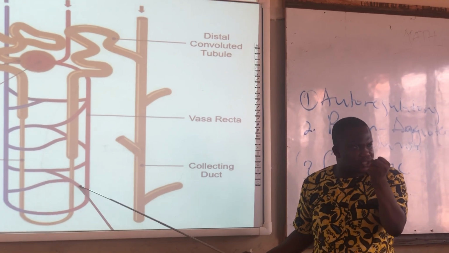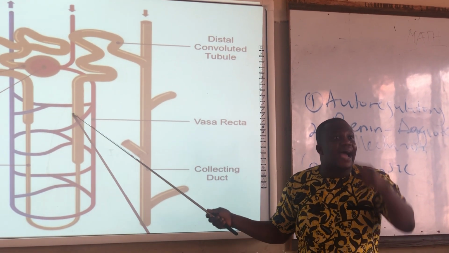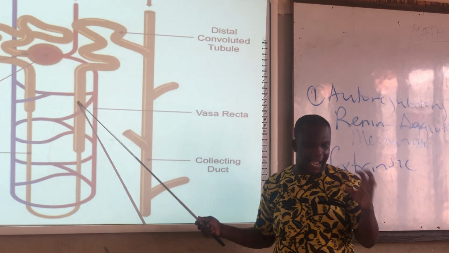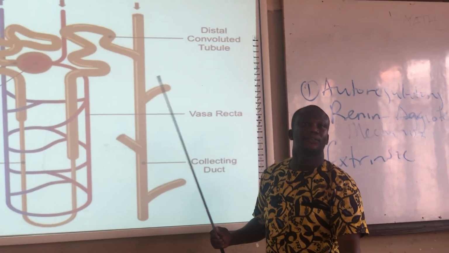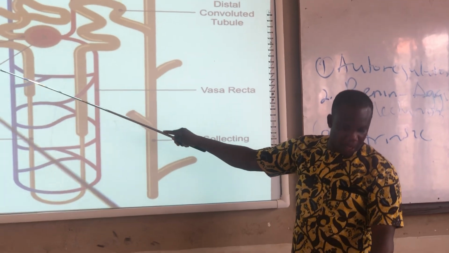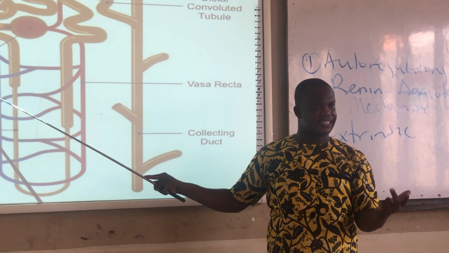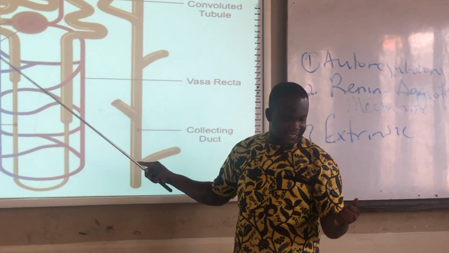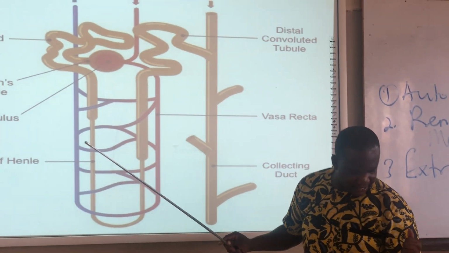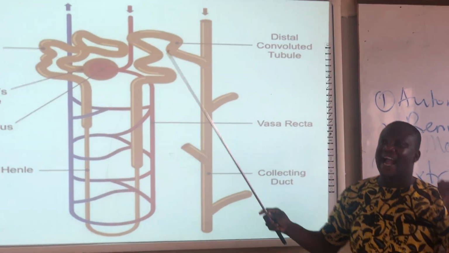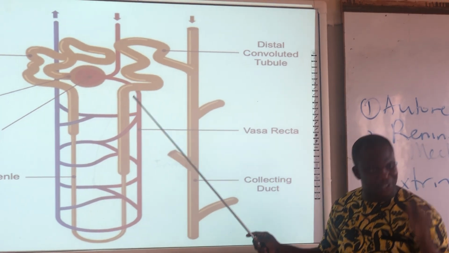You need that force, that energy, to push those substances through the tubule. During the transportation, nutrients such as glucose, amino acid, organic acid, lactic acid and ascorbic acid are actively reabsorbed in the proximal convoluted tubule.